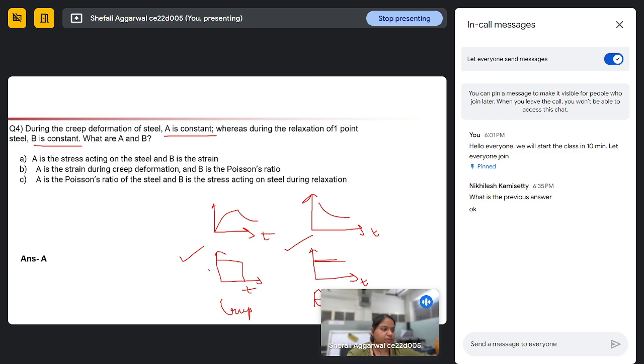In case of creep, this was stress versus time, and this was strain versus time. In case of relaxation, this was stress versus time, and this was strain versus time. So if we see the options, in case of creep, stress is constant, and in case of relaxation, strain is constant. Okay.